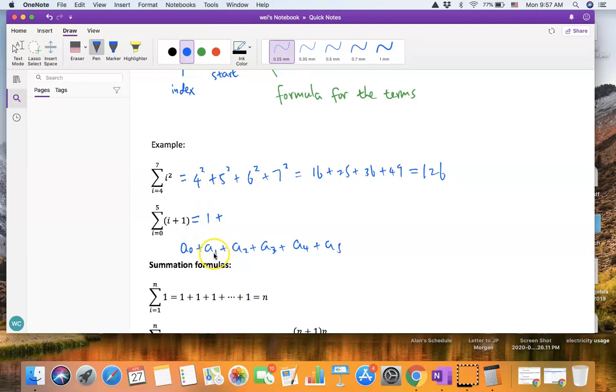For the second term, the input is 1, so the function value is 1 plus 1, which is 2. And for the third term, the input is 2, 2 plus 1 is 3, so 4, and 5, and 6. Okay, so the result is 21.